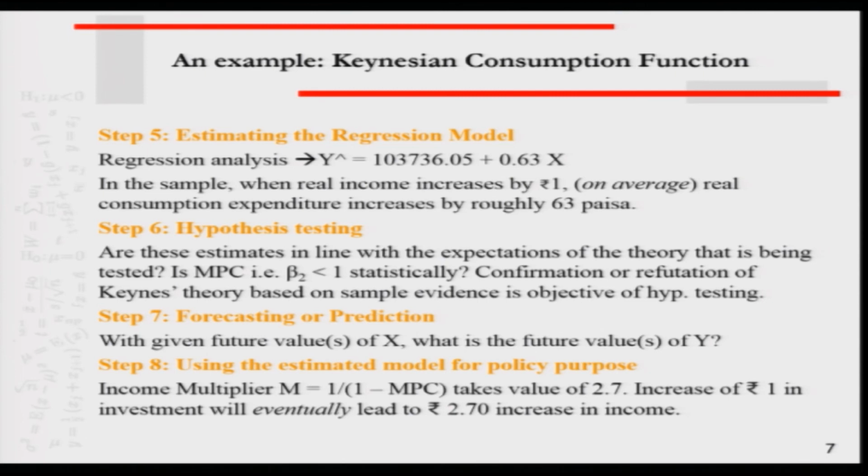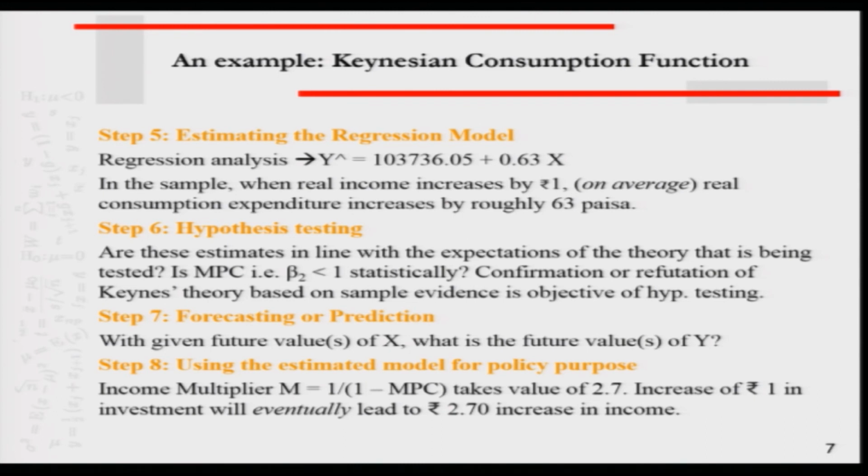The second part of the statistical inference procedure is conducting hypothesis testing. One may ask: are these estimates in line with the expectations of the theory being tested? We have already told you that we expect the MPC to be bounded by 0 and 1. Here we see a number, 0.63, which is far away from 0, but not that far away from 1.